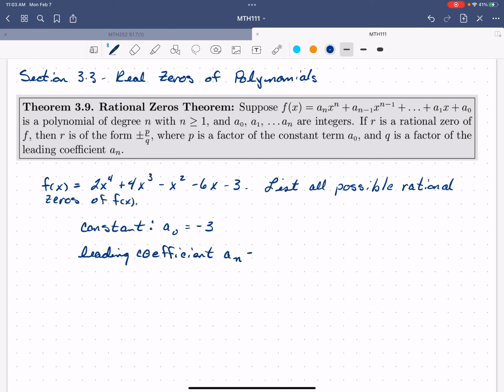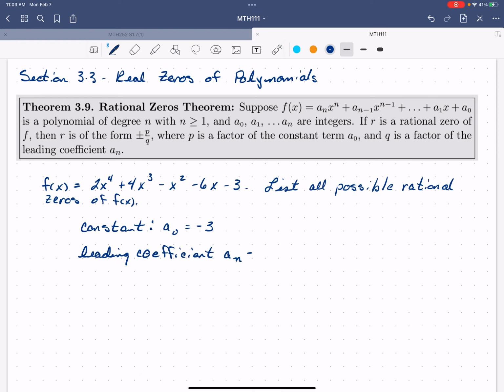So I need to generate these p's and these q's. My set of p's are factors of the constant coefficient, the positive and negative factors, so 1 and 3. My q's are factors of the leading coefficient, positive and negative, so positive and negative 1 and 2.